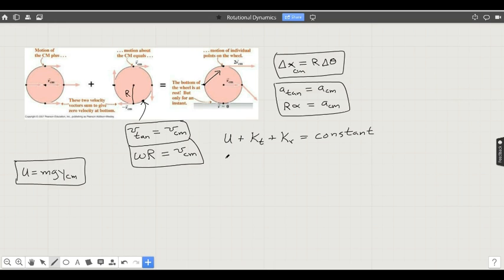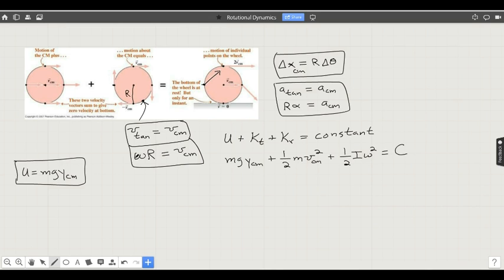So what do we put here? We put mg y center of mass plus translational kinetic energy, 1/2 m v center of mass squared, plus rotational kinetic energy, 1/2 I omega squared. Again, that's equal to a constant. I'm just going to use a capital C for constant. This is a constant value.